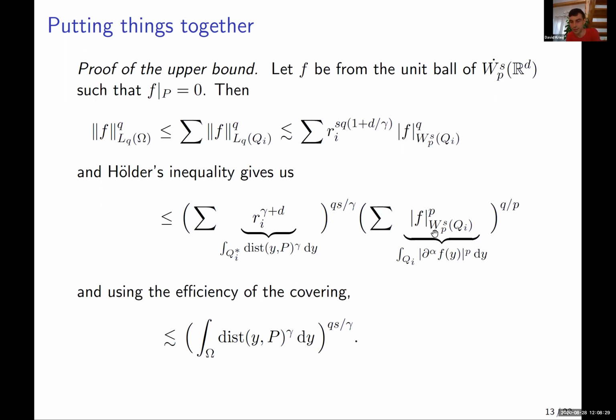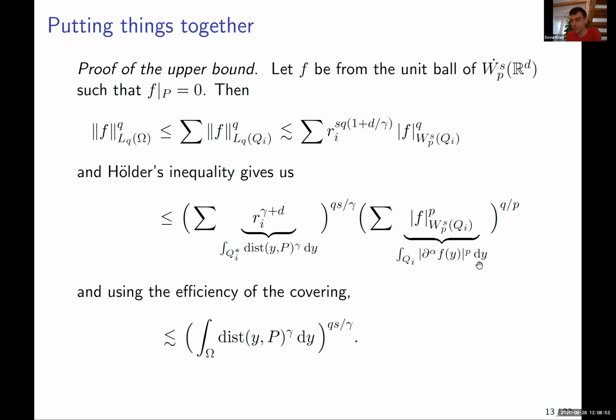So the pth power of the Sobolev seminorm is just given by the integral of the pth power of the derivatives of order alpha, which I shortly denote here like this. Of course, you have to add up all derivatives of order alpha, but that doesn't change anything in the proof.